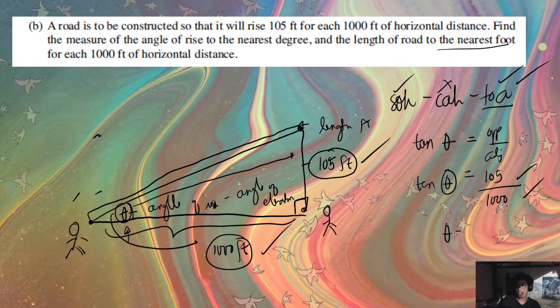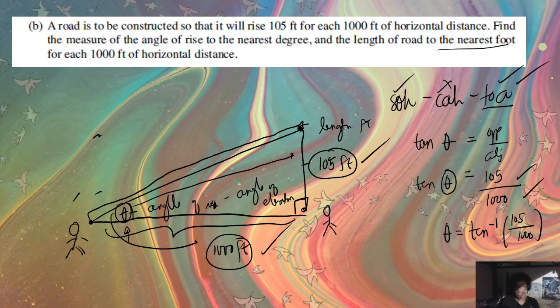So theta is going to be equal to the inverse tangent, tangent raised to negative 1, of 105 divided by 1000.